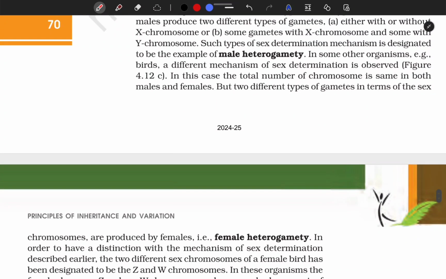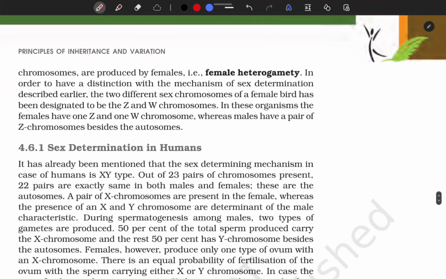In some other organisms, for example birds, a different mechanism of sex determination is observed. In this case, the total number of chromosomes is the same in both males and females, but two different types of gametes in terms of the sex chromosome are produced by females, that is female heterogamety.